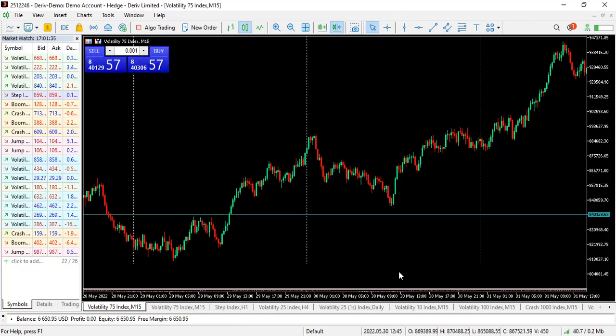Like I said, you have to be very big on market structure when it comes to this strategy. This strategy is simply a day trading strategy. You take your trade that day, you take your profit that day. You can also use it to swing the market depending on your intentions, but if you want to swing the market, I advise you use it on a 4 hours time frame.